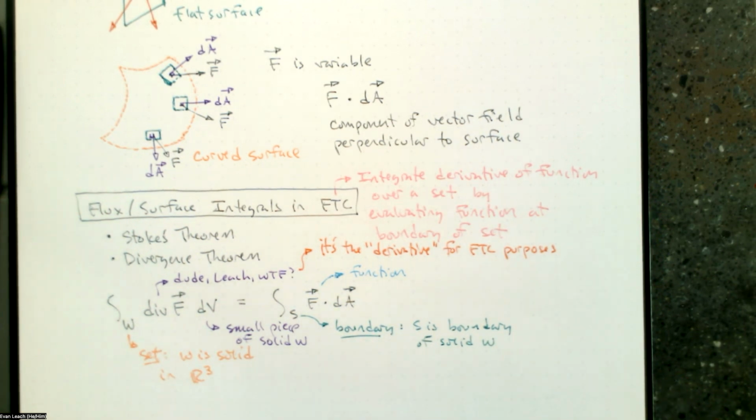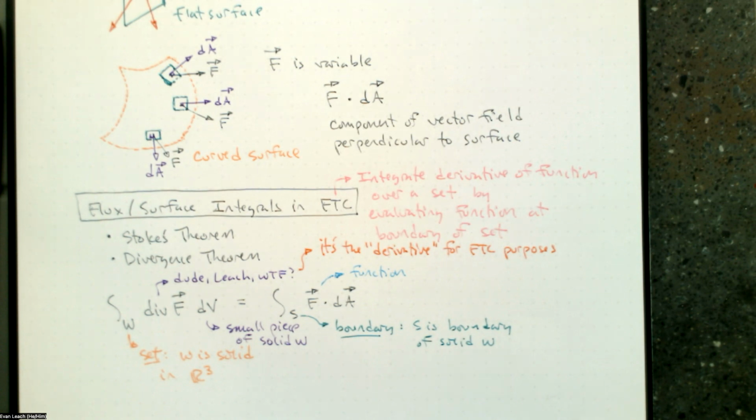So we have some vector field, and the divergence of the vector field is going to be telling us how much the vector field pushes out or pushes in at any given point. We're looking at how the vector field pushes out or pushes in at all the points in some solid W. And we can calculate that by just looking at how the vector field flows through the surface of the solid.